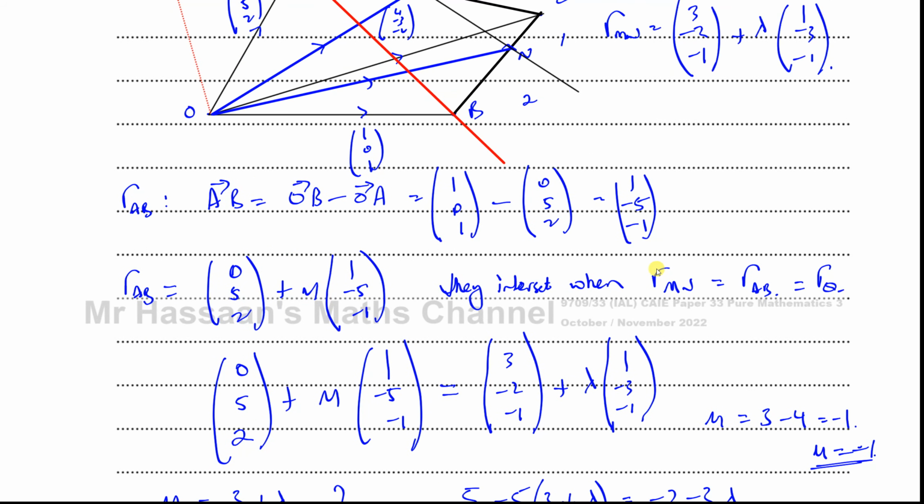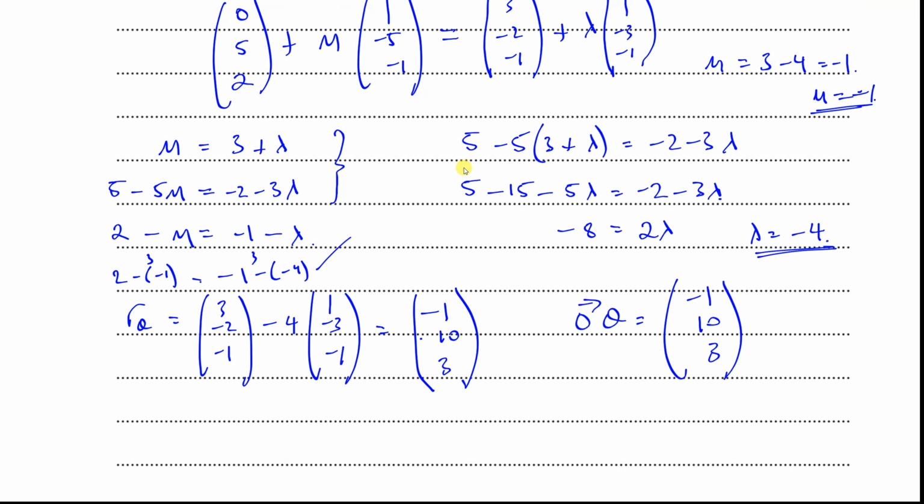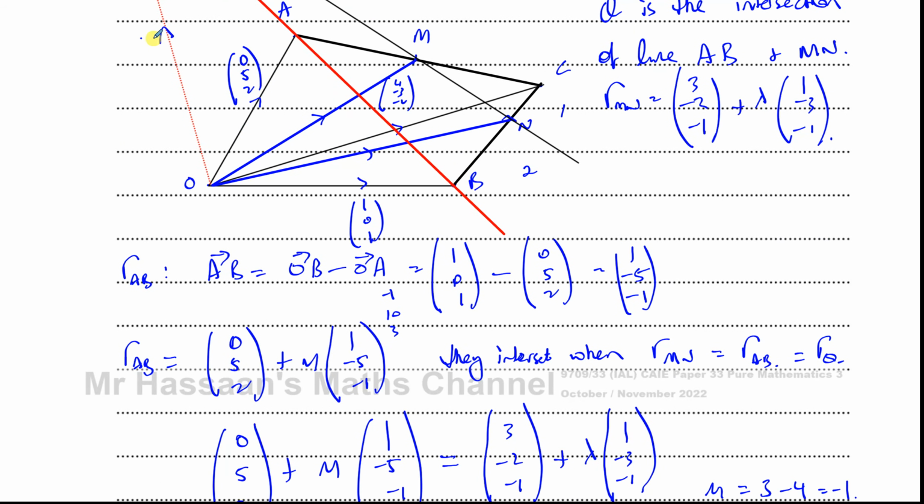So if I put mu as minus 1, I'll have 0, and minus 1 times 1, which would be minus 1, and 5 plus minus 1 times minus 5 is 5, so 5 plus 5, that should be 10, and 2 plus minus 1 times minus 1, which is plus 1, so 2 plus 1, which is 3. So you can see we get exactly the same point, so we can be sure that we've done it correctly, by testing it in both equations.